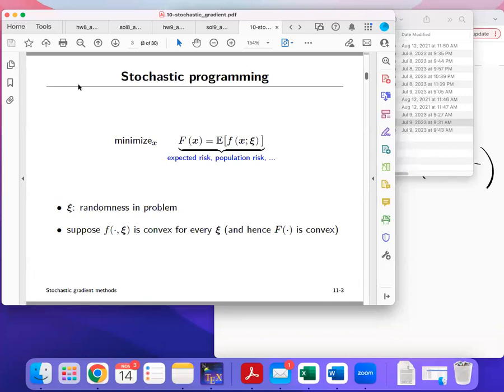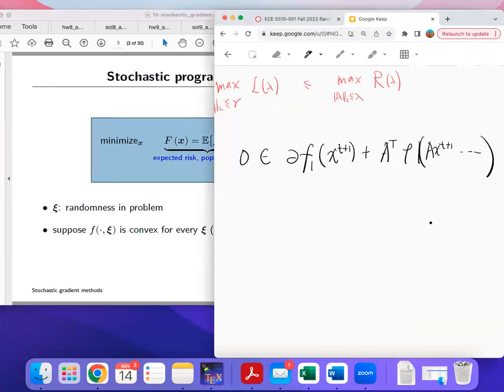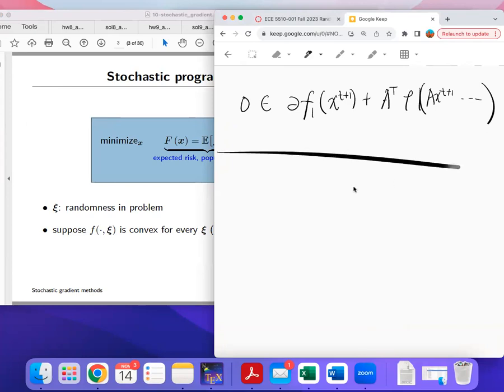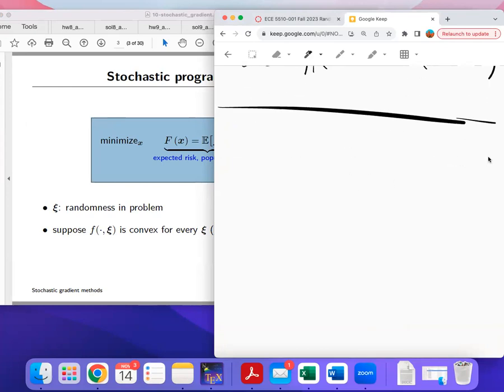So many machine learning problems nowadays can be formulated as this stochastic programming problem. So what is special about this problem? Previously, we were talking about the so-called deterministic optimization problems. The goal is to minimize a certain function f(x). f(x) is given and has an explicit form.